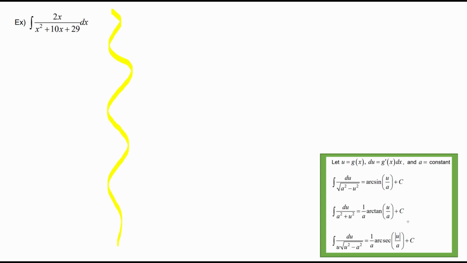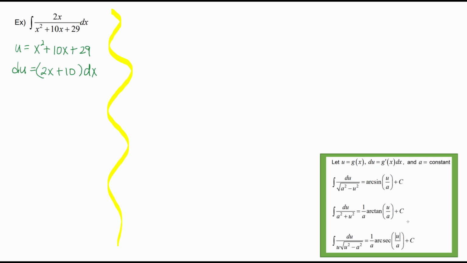So if my u was the denominator, which is x squared plus 10x plus 29, what would be my du? The derivative of that would be 2x plus 10 dx. Do you have that? Not quite. You have a 2x, but you don't have a 2x plus 10. So then, here is the trick you could do.